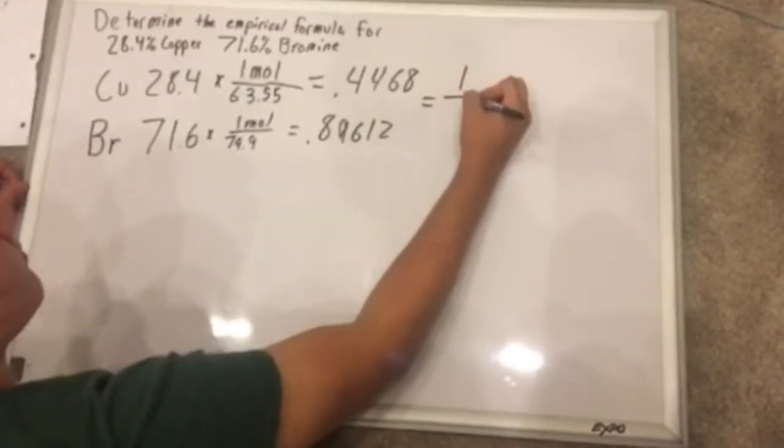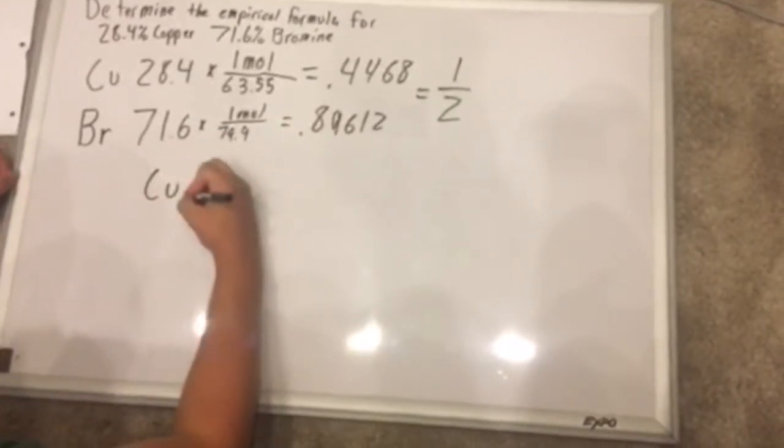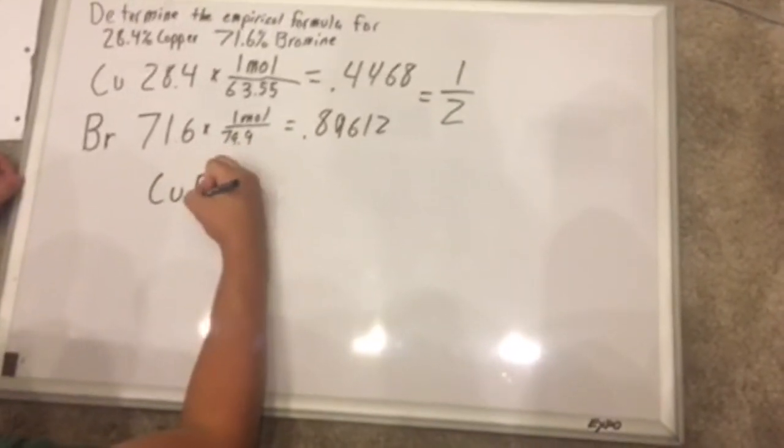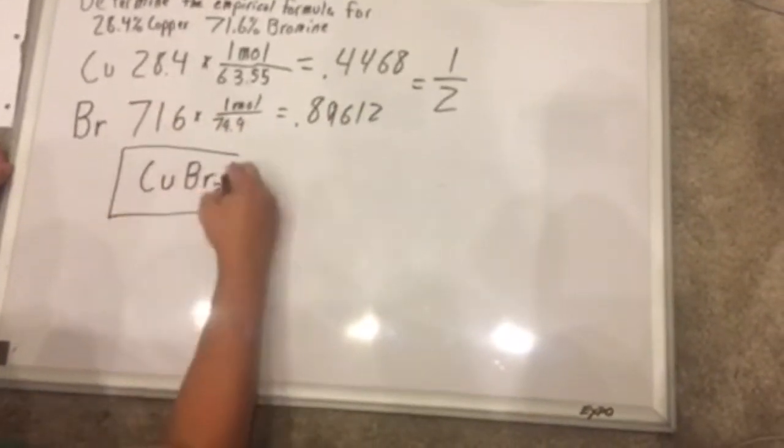Convert that decimal into a ratio that becomes the ratio between each of the elements. In this case, the ratio is 1 copper to 2 bromine. The answer is CuBr2.